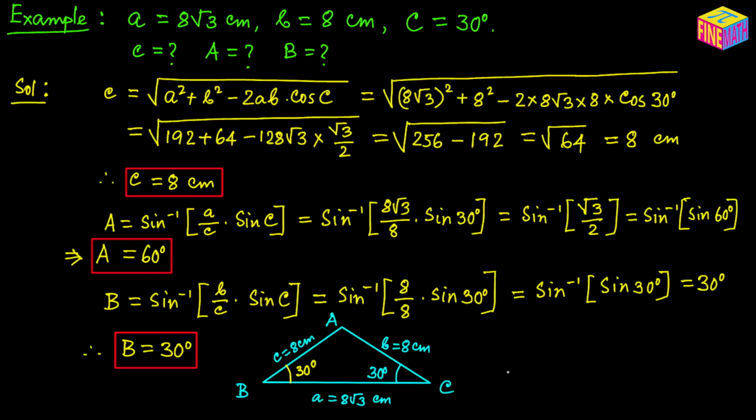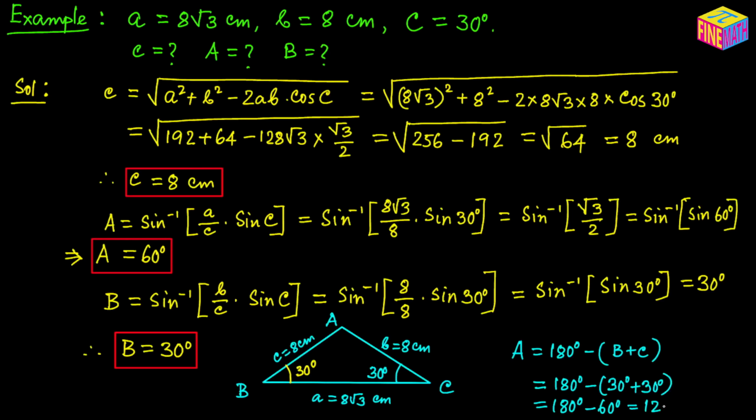Well, clearly angle A will be 180 degrees minus (B plus C), and that is equal to 180 degrees minus (30 degrees plus 30 degrees), and that is equal to 180 degrees minus 60 degrees, which is equal to 120 degrees. And that is the correct value of the angle A. So the size of angle A is actually 120 degrees, not 60 degrees.